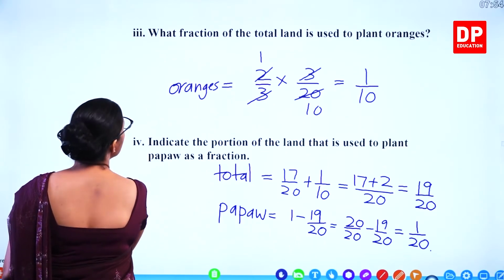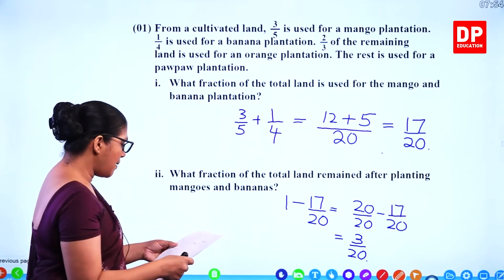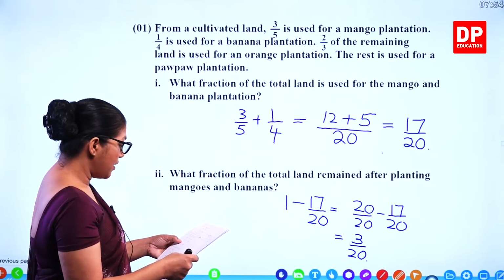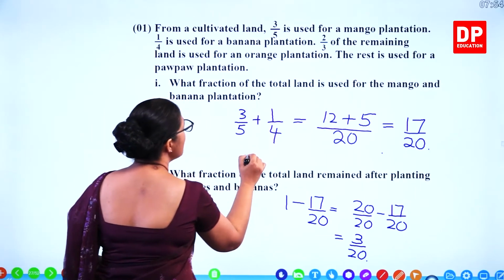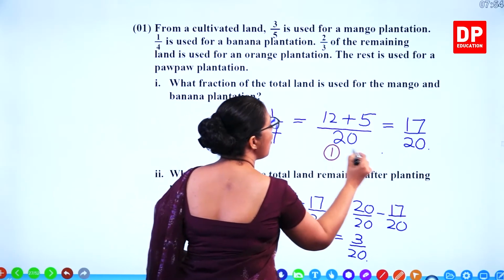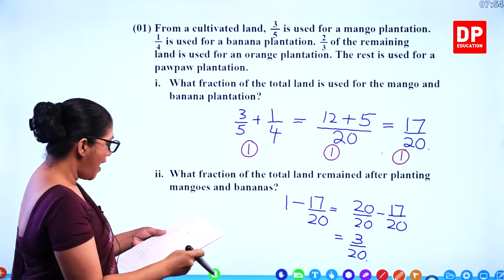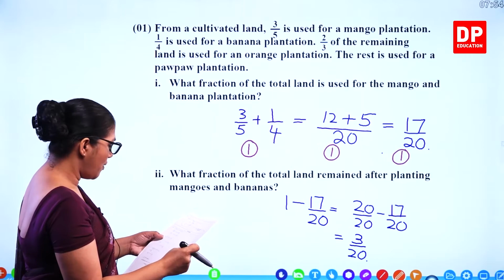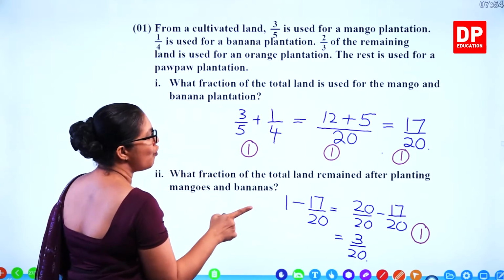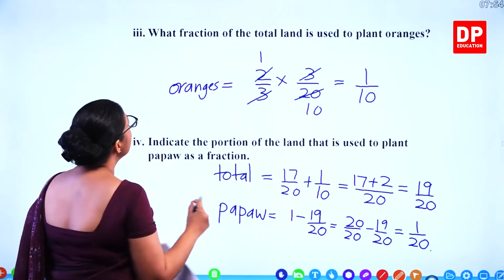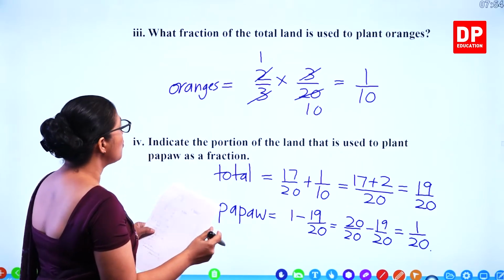So here in the first part, we'll look at the marking scheme and see you get 3 marks for finding this one. So 1 mark here, 1 mark for the method and 1 mark for the final answer. And then to get 3 over 20, just 1 mark. So 4 marks there. Then the next one, part 3, 1 over 10, 2 marks.